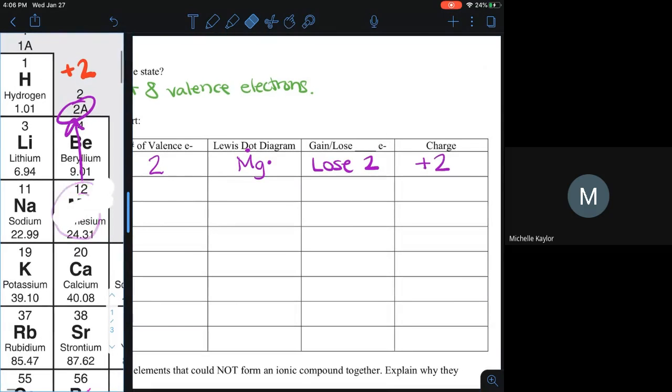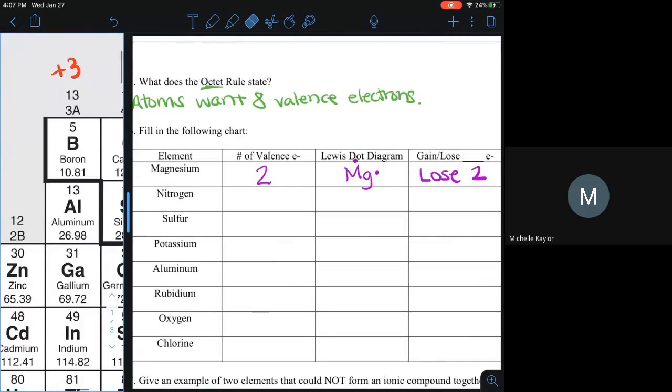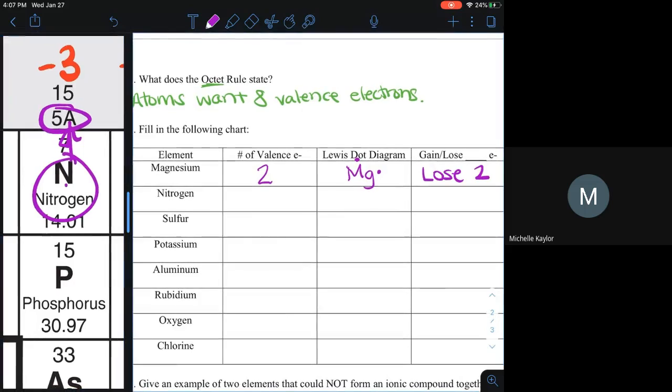For the next example that it gives us, it is nitrogen. I'm going to find nitrogen on the periodic table. Nitrogen is in group 5A, which means it has 5 valence electrons. So to draw the Lewis dot diagram, I write the symbol, and I'm going to do 5 dots. 1 on top, 1 on the right, 1 on the bottom, 1 on the left. That's 4. So 1 more on top, 5.